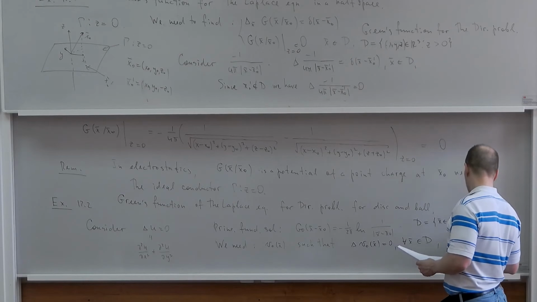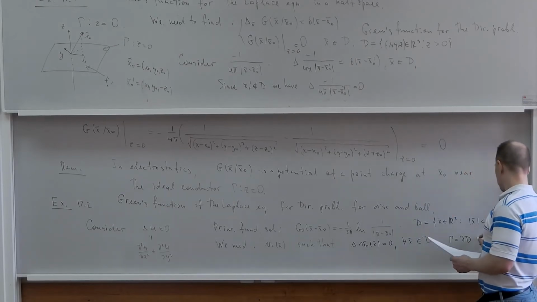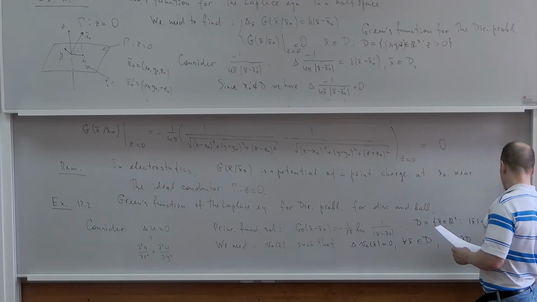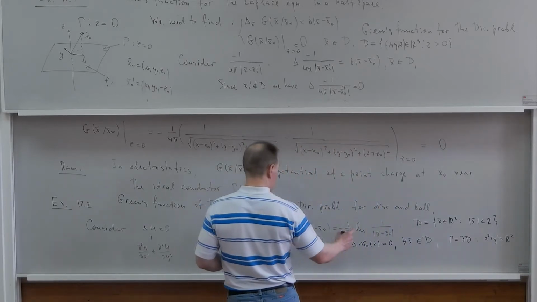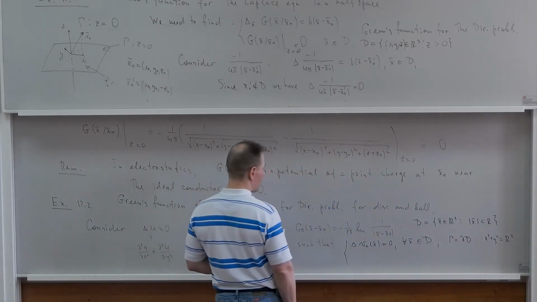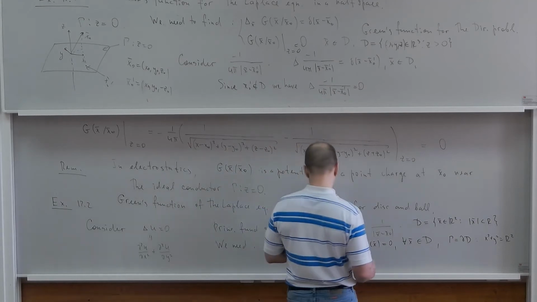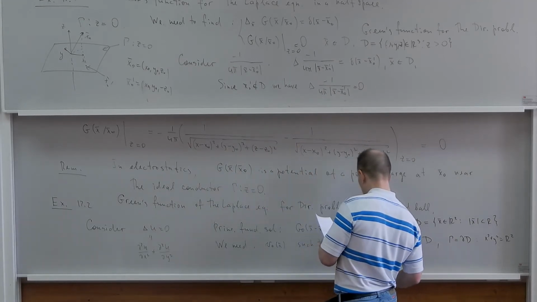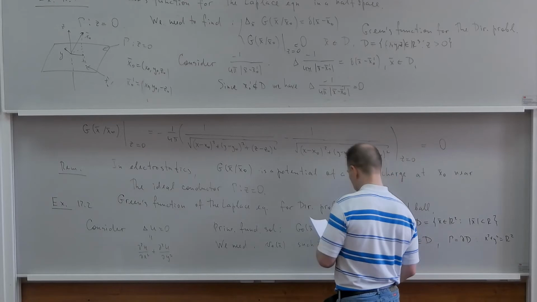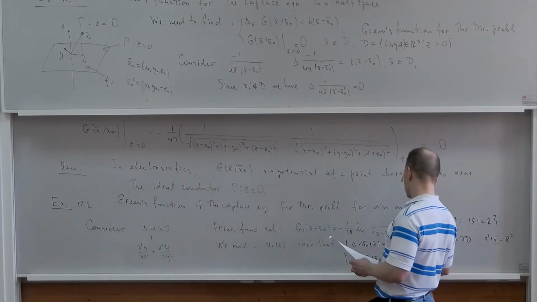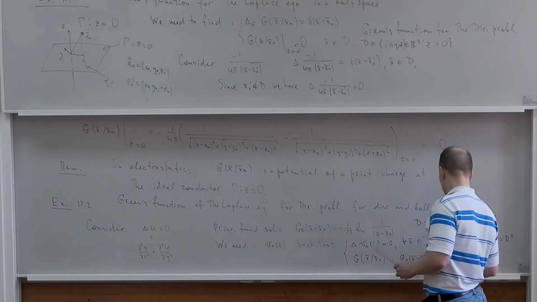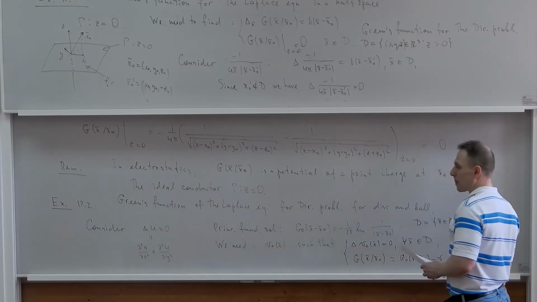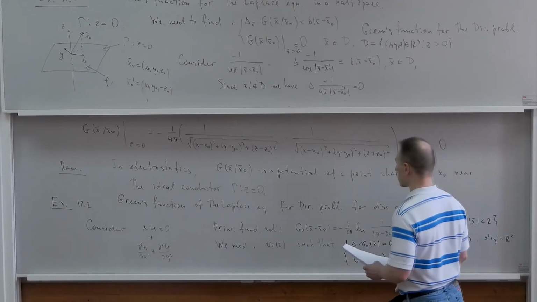Denote by gamma the boundary of D, which is specified by the following equation. And this function should satisfy another equality. Namely, we require that it provides us with the Green's function for the Dirichlet problem.